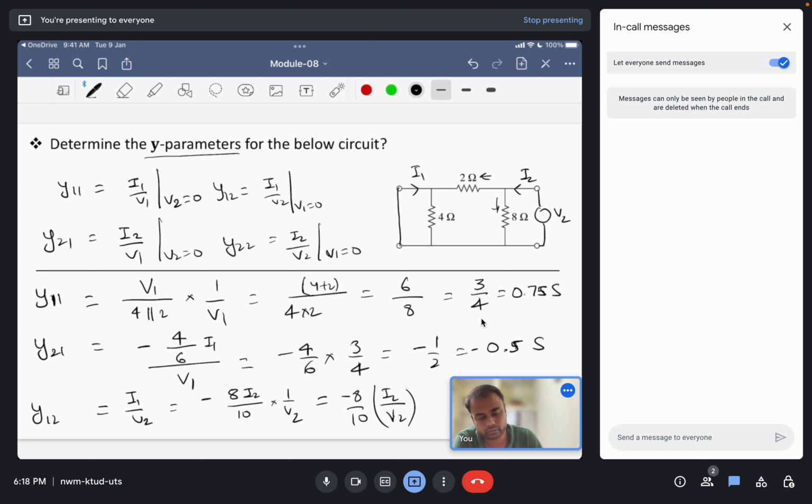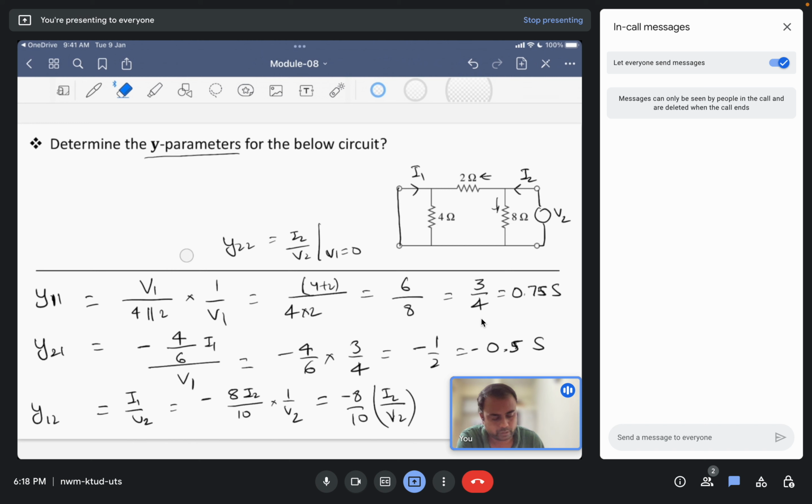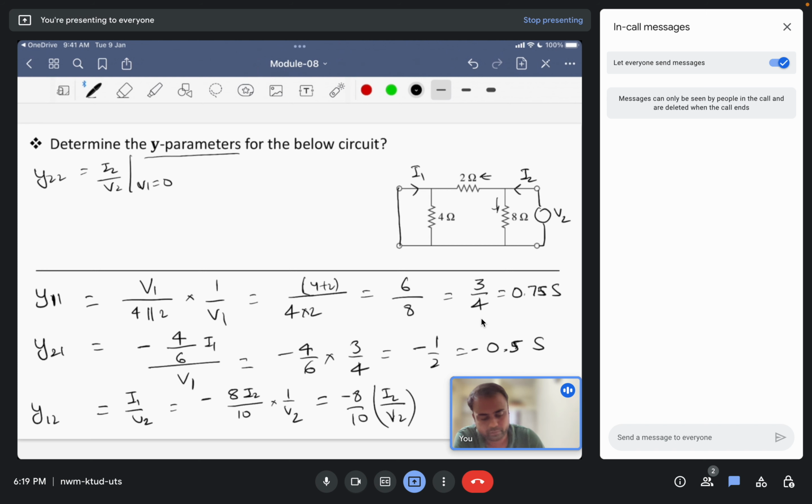I2 by V2 we haven't calculated yet, so let us first calculate the Y22 parameter. That will be a much easier way to calculate, though you can also calculate the other way. So I2 by V2. Let us write I2 as it is, and now calculate the total potential in terms of I2. Since this is a short circuit, the 2 ohm and 8 ohm resistors are in parallel.